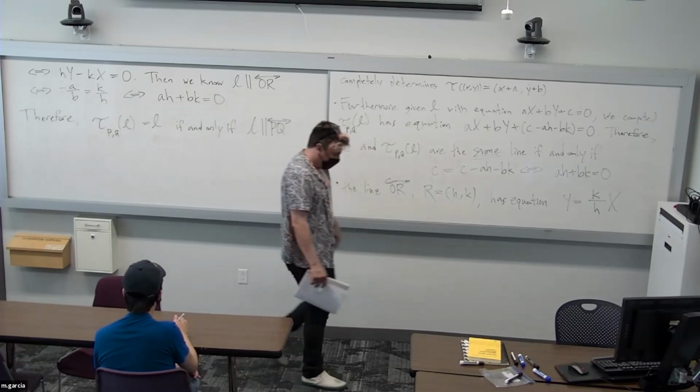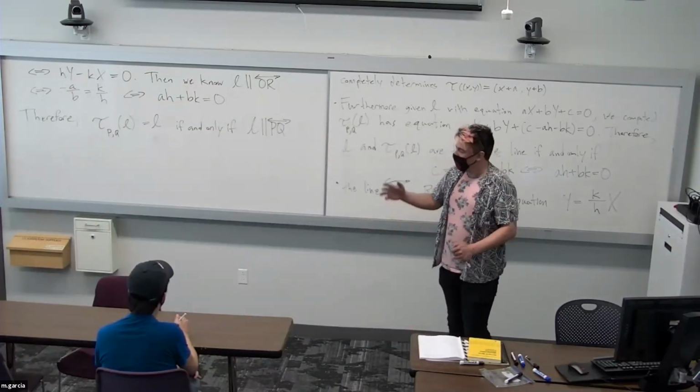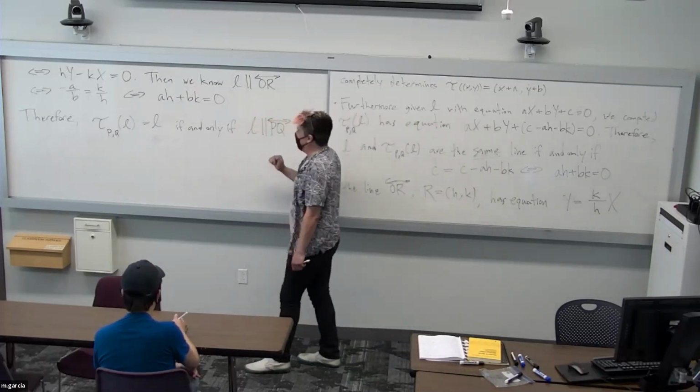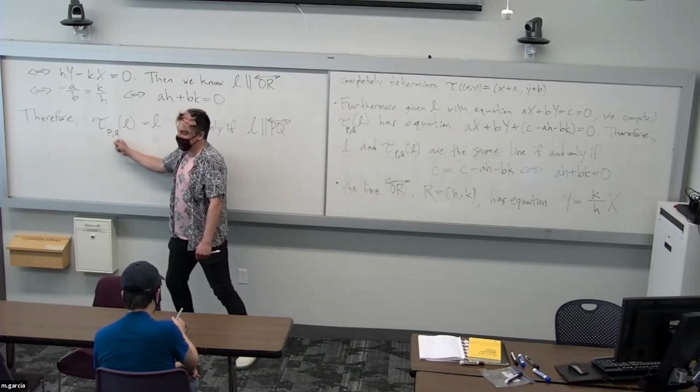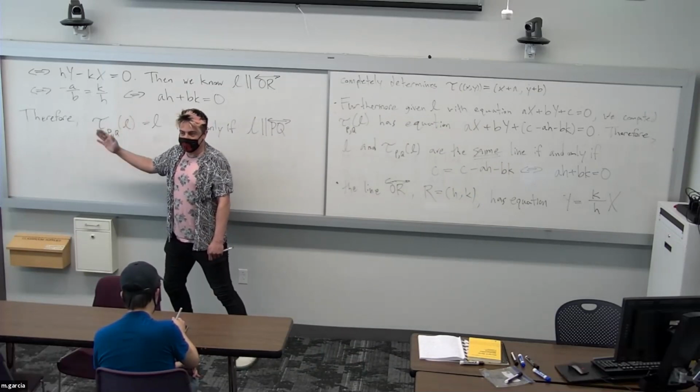Putting that all together, what we're saying is all the lines that are parallel to the line defined by PQ are fixed by the translation tau sub p comma q.